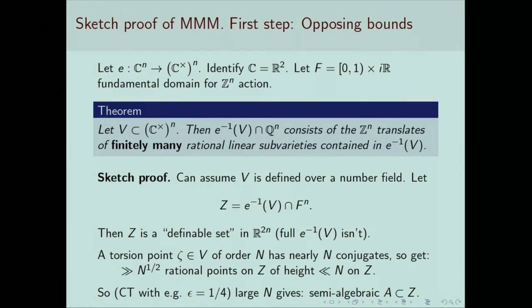And now if you apply the counting theorem with some epsilon less than a half, then you'll find that if this set V has even one torsion point of large degree, then this set Z has too many rational points, and there has to be something in the algebraic part. There have to be positive dimensional semi-algebraic sets inside this set Z. So that brings us there.